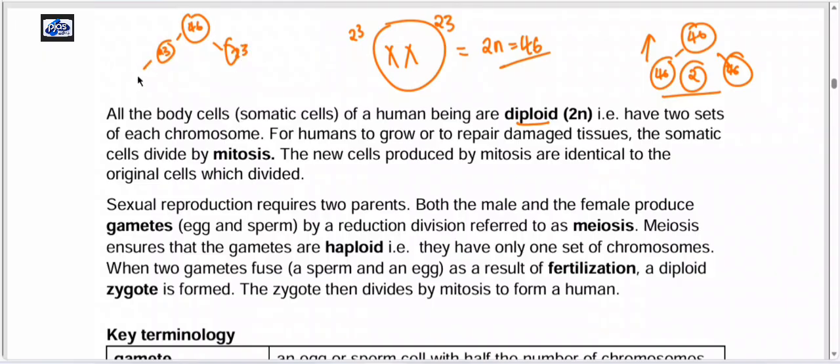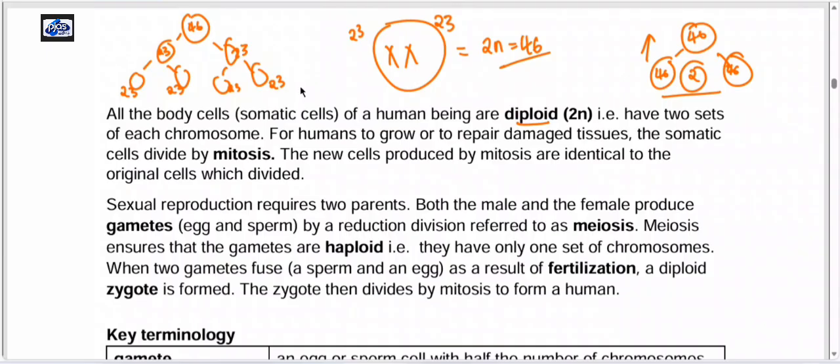These cells will now divide again, so that the cells formed during meiosis will be four genetically different cells. So it means that here it will be 23, 23, 23, and 23. That is why we say meiosis is a reduction cell division.